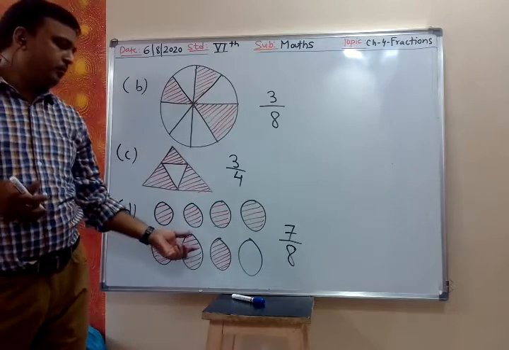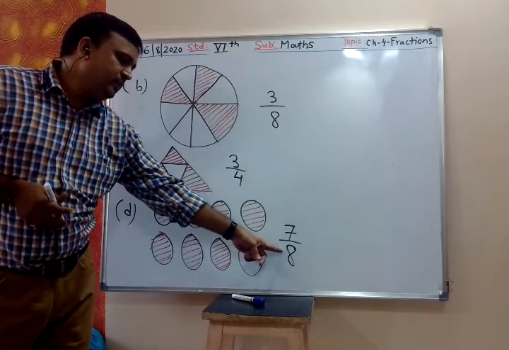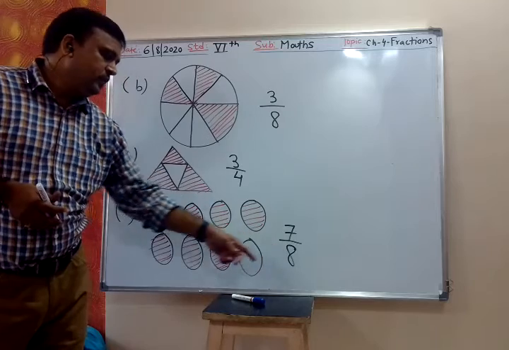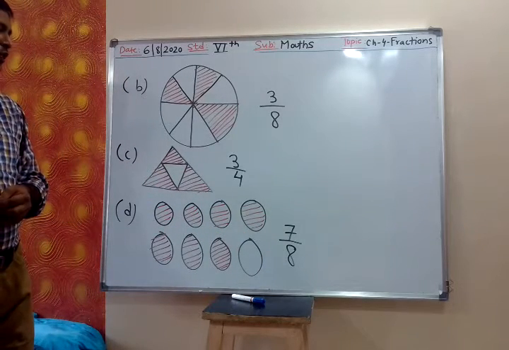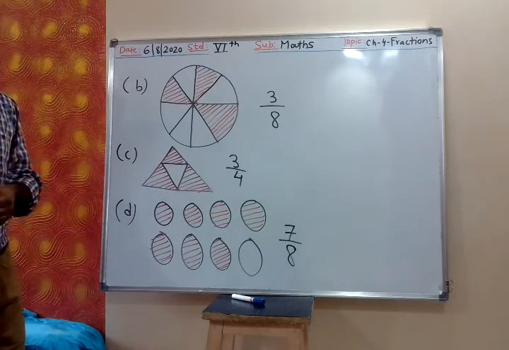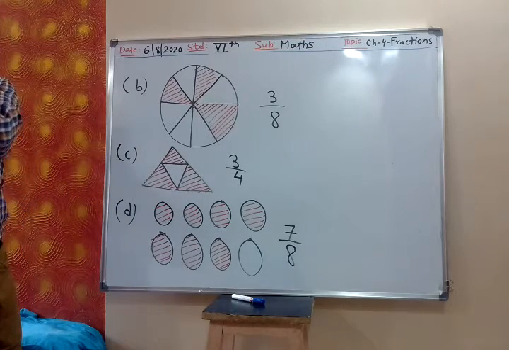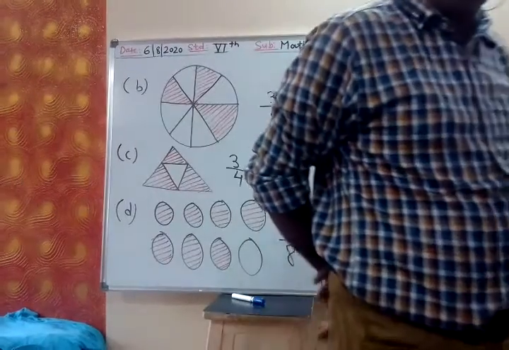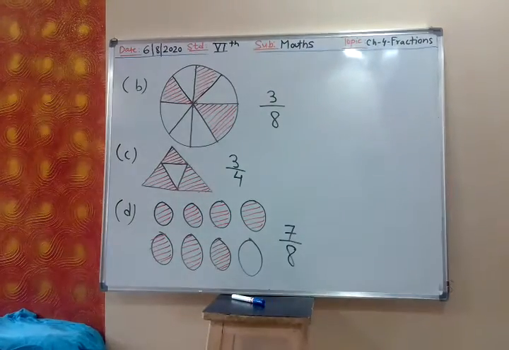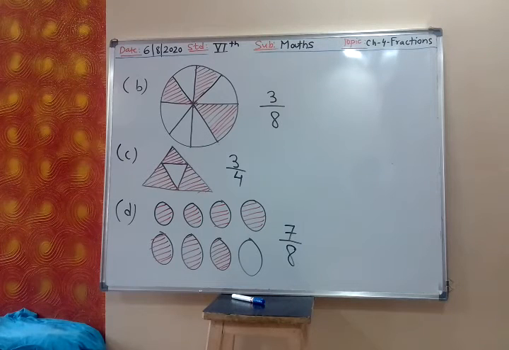Whole parts are 8, and numerator is 7. So you have to shade the 7 parts of that circle. So the fraction is 7 upon 8.